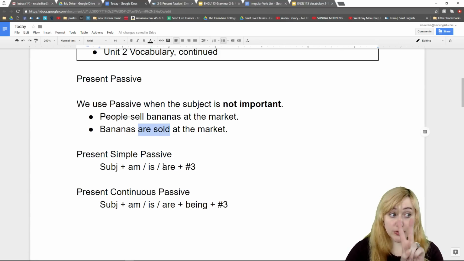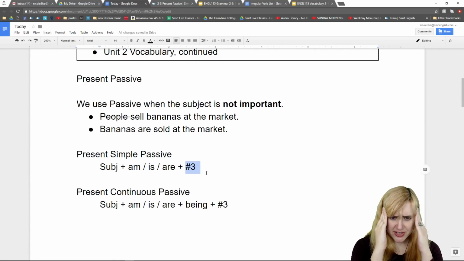So we have two different ways to make present simple passive. The first way is to use subject plus am, is, or are, and verb 3.